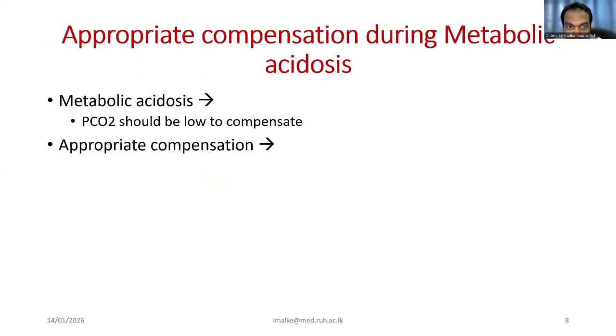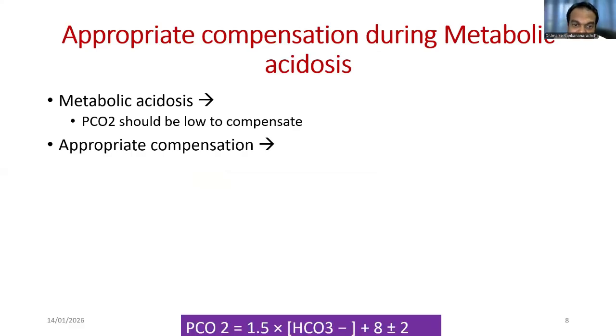And then it is very important, when you look at a blood gas, to know whether this metabolic acidosis is appropriately compensated or not. We all know that when our bicarbonate goes down, our PCO2 should also go down to compensate. So it is our duty to know whether this compensation is appropriate, inappropriate, or more than what is expected.